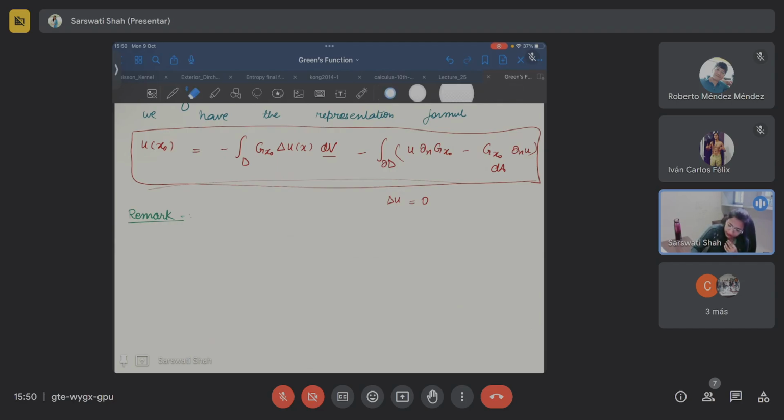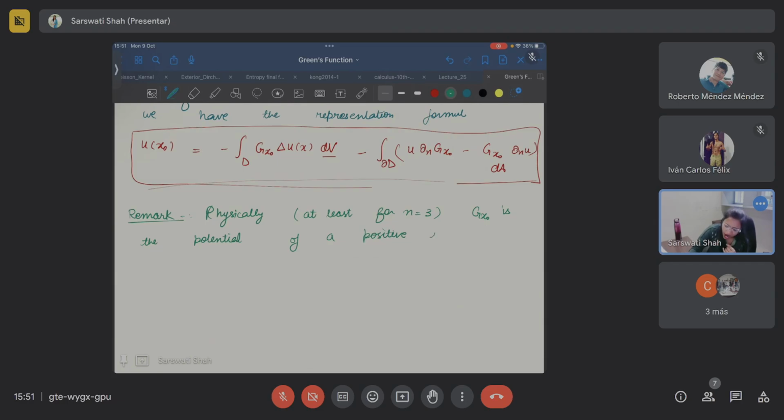So what is the meaning of this expression physically? Physically, at least for n equals 3, G(x, x naught) is the potential of a positive point charge located at x naught.